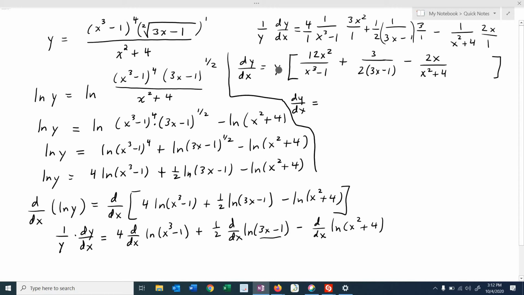Okay, so dy dx is equal to y, which is this, times this piece.